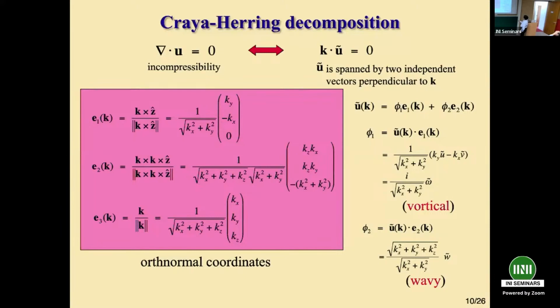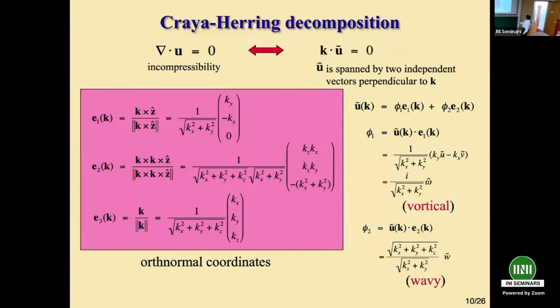We decompose the velocity field into two components. One is proportional to e1, which is k times the unit vector z, a vector perpendicular to the wave vector.